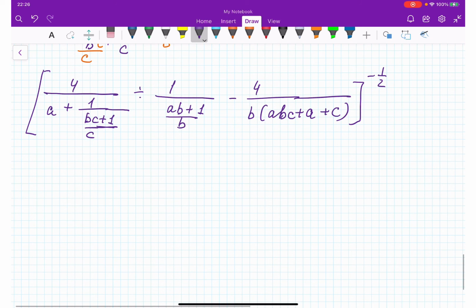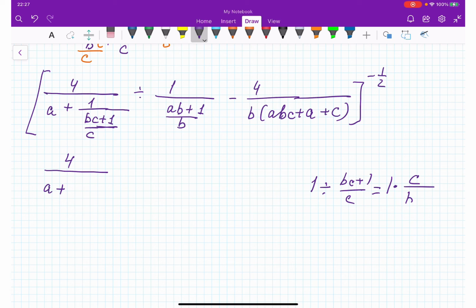All right, next I'm going to finish up this denominator. a plus 1 over bc. Look here, 1 divided by bc plus 1 over c, it's going to be equal to 1 times c over bc plus 1.